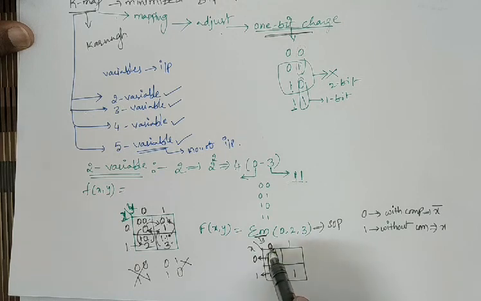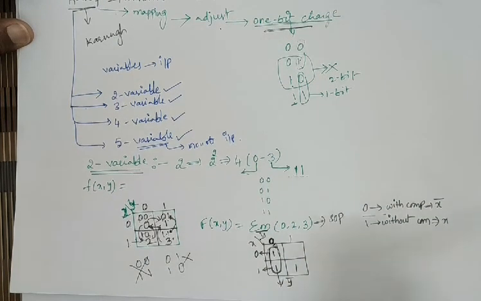Directly it is a column representation, and according to the specification of SOP, 0 is represented with complement.